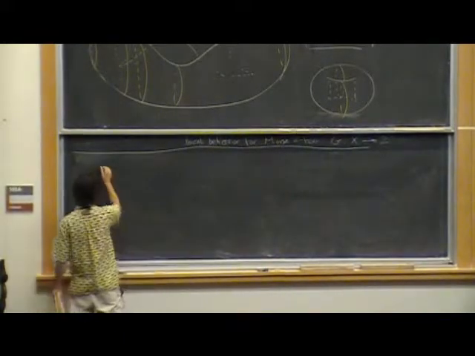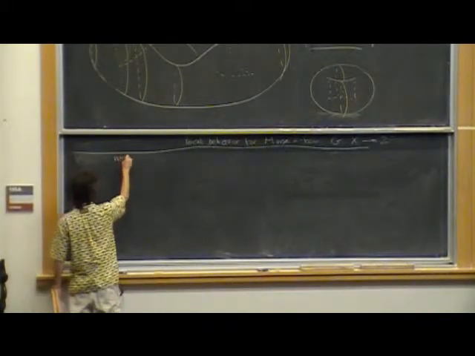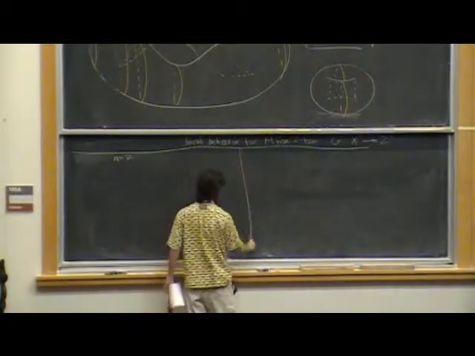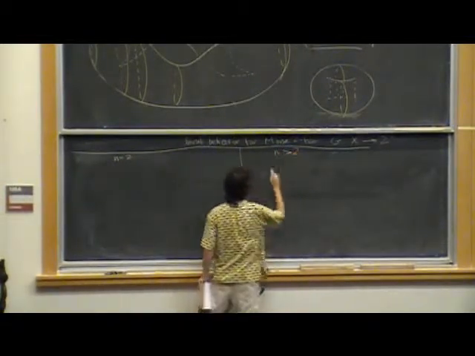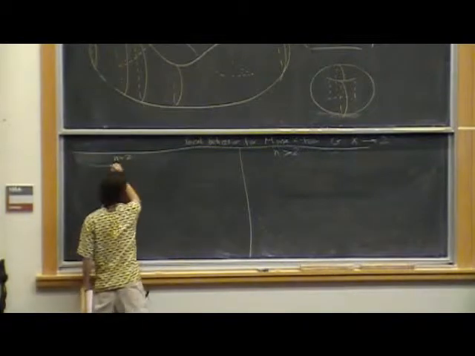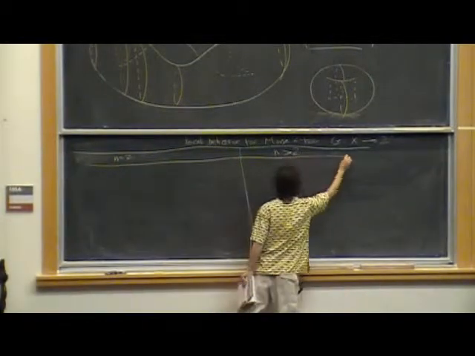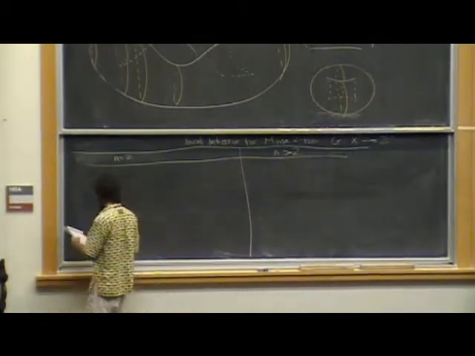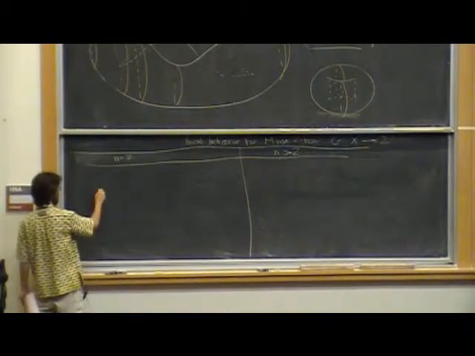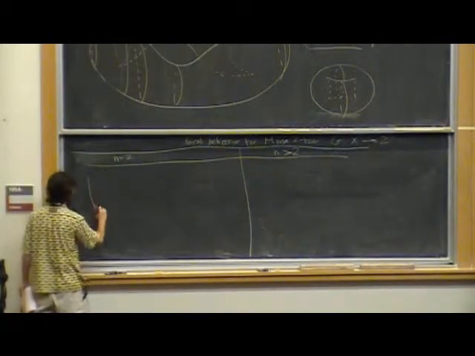Okay, so I'll draw the pictures when n equals 2 on the left, and I'll write formulas for n bigger on the right. And this is just standard stuff from singularity theory. So one of the models is you see something like this.